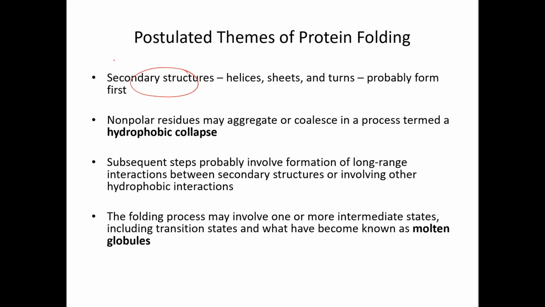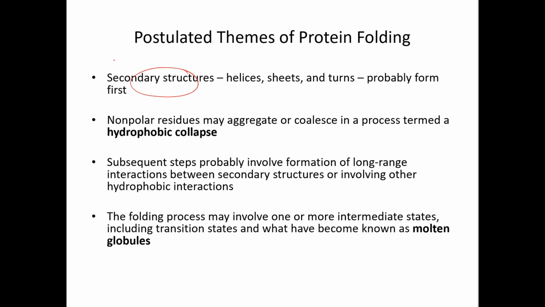Secondary structures form rapidly through hydrogen bonding between relatively proximal amino acids. So they can form quickly without having to change the tertiary structure significantly or have to randomly sample very far to get to that point. And as they start, they collectively drive the process. So the first step is you rapidly form alpha helices, beta sheets, and likely the turns. And this is probably the first step, which happens very quickly.